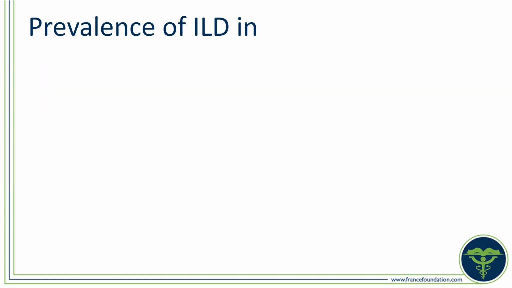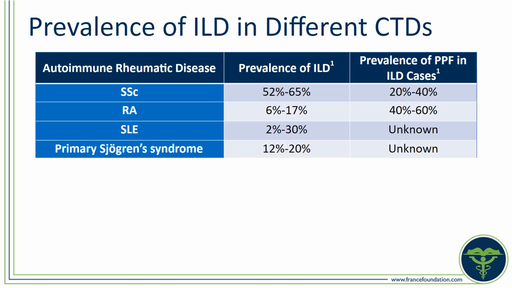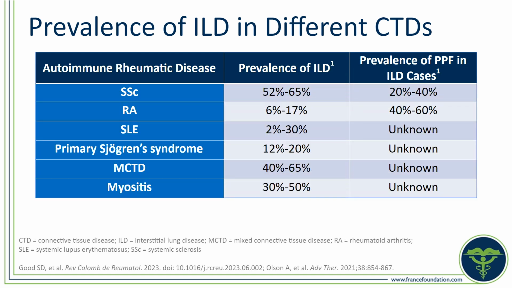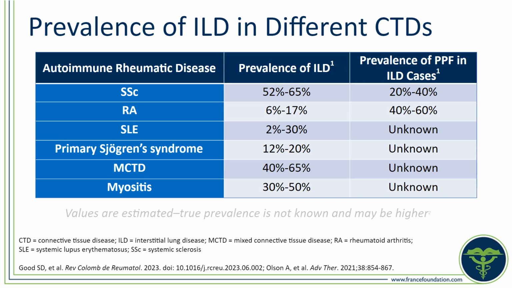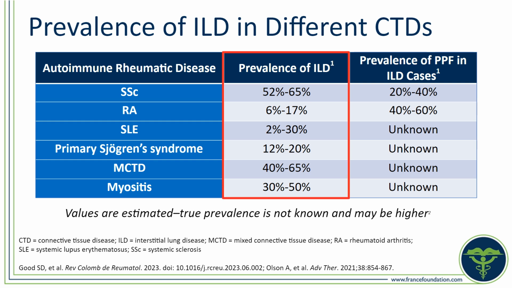The prevalence of ILD can vary across the different connective tissue diseases. So in this graph here, you can see the prevalence of ILD across different autoimmune rheumatic diseases. You'll notice, however, that there is a range of prevalence, and this is because the true prevalence is not known. Many of the studies that ascertain prevalence of ILD use different methodology for screening or diagnosing ILD.